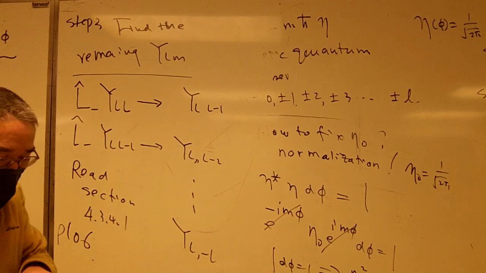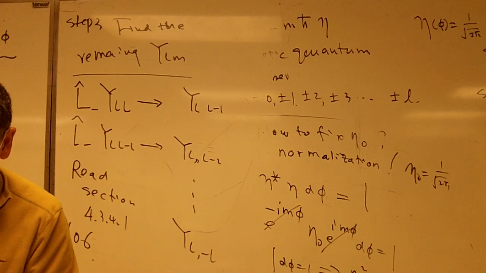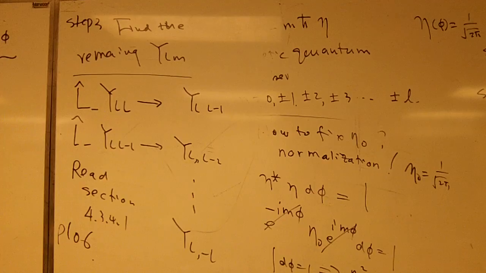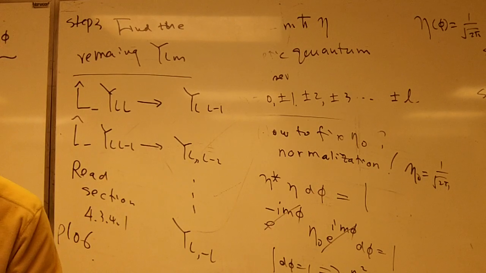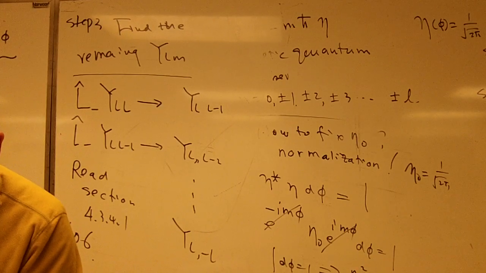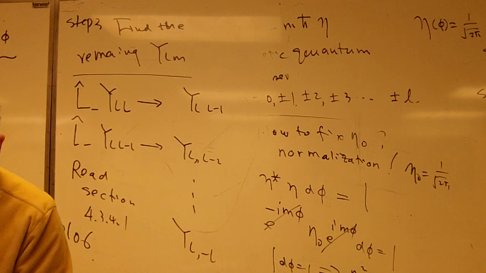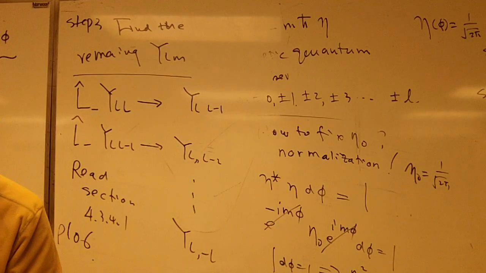Okay, Cody, could you read on? Our focus is on L minus L plus Y_lm. Note that L squared equals Lx squared plus Ly squared plus Lz squared, which equals Lz squared plus 1/2 (L plus L minus plus L minus L plus), because L plus L minus minus L minus L plus equals 2 h bar Lz, or L plus L minus equals L minus L plus plus 2 h bar Lz.